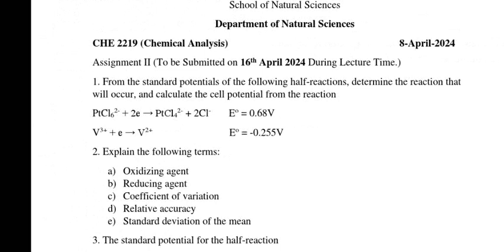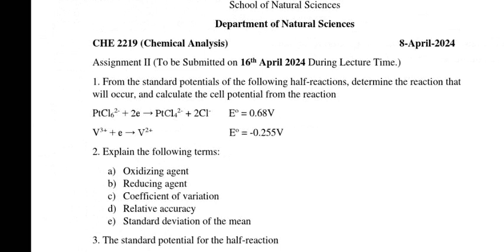So at first year, they bring questions from chemical analysis. They tell you to define the oxidizing agent, the reducing agents, coefficients of variation, and then to say from the standard potential of the following half reactions, determine the reaction that will occur and calculate the cell potentials of the reaction.